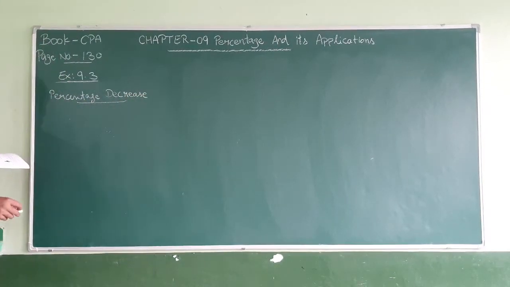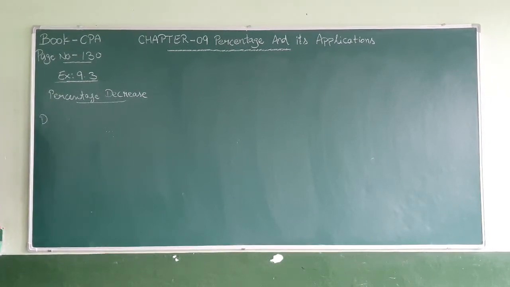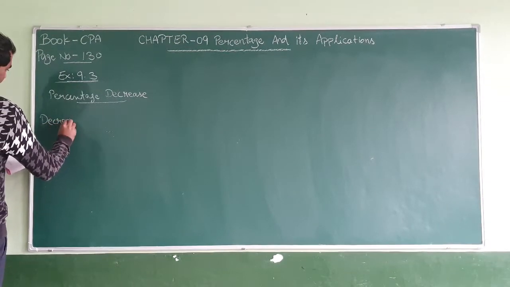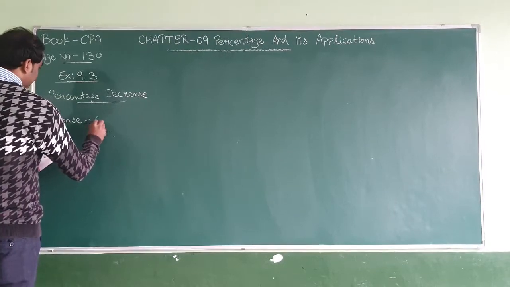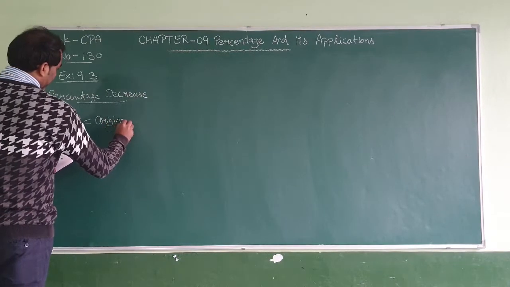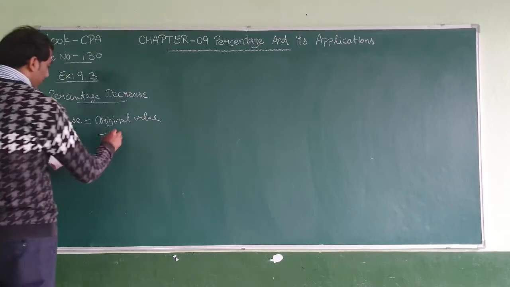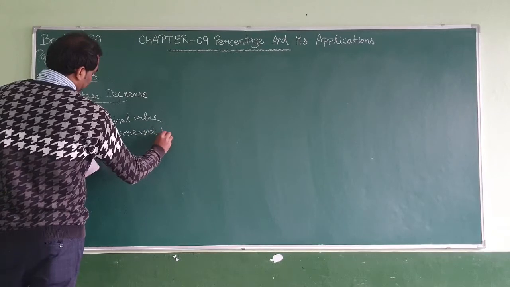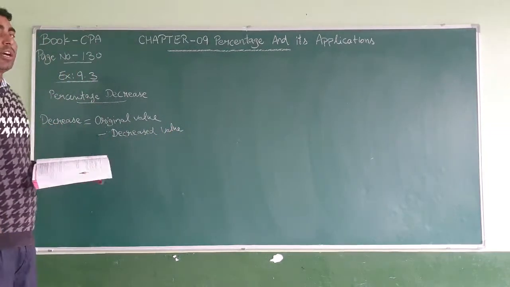So first of all, the formulas we have. It's a decrease formula: decrease is original value minus decreased value. Decrease and decreased value are different.